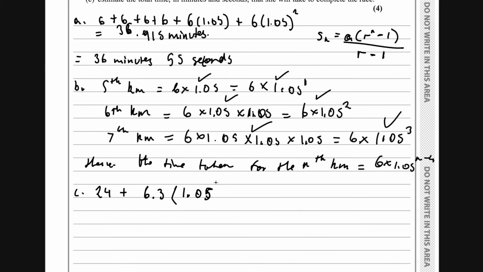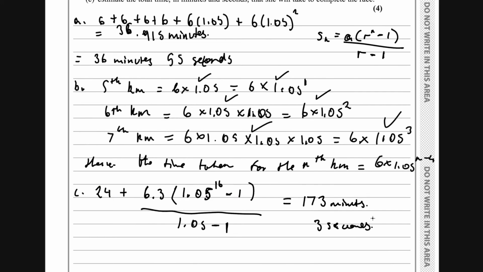And we're going to be putting that to the power of 16, since it's 16 kilometres following the first 4 that we're applying the series formula to, subtracting 1, over 1.05 minus 1. And what that gives us is approximately 173 minutes and 3 seconds. And that there is our answer.